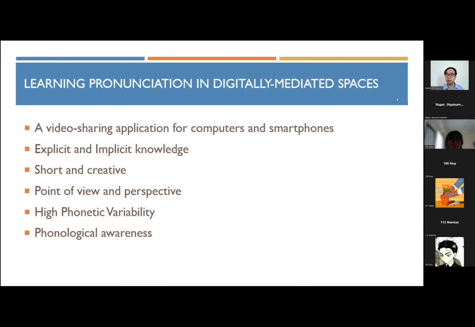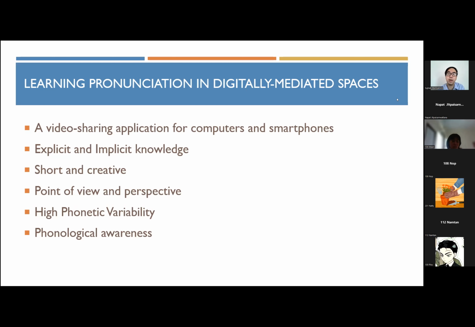With a lot of experience absorbing, seeing and watching pronunciation in terms of speech organs, you can form implicit knowledge.